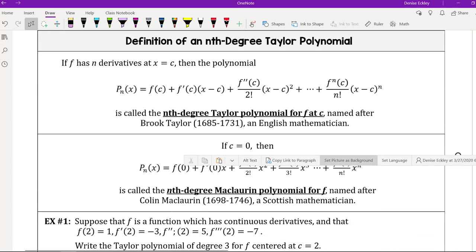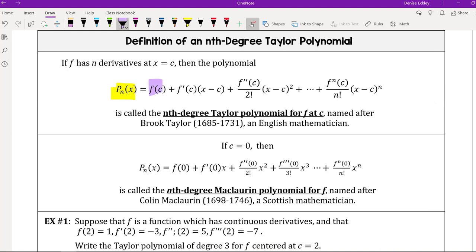Now, one thing about this is you are going to have to know this formula, and it's not that hard to remember. You approximate a Taylor polynomial with the notation p sub n of x, and it's equal to the value of the function at a specific point, and then the first derivative times x minus c, then the second derivative at that point over 2 factorial times x minus c squared, and so on and so forth till the nth derivative over n factorial times x minus c to the nth power.